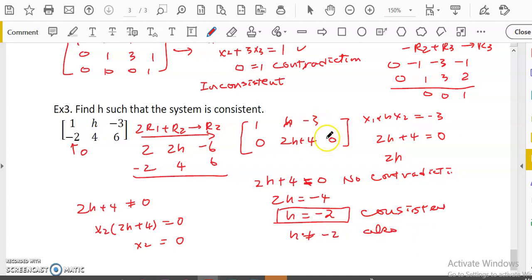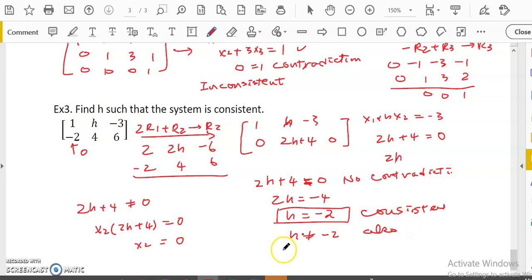But now if this is another question, after you do the elementary row operation, this is kind of a tricky question. If this is a 1, then you would want 2h plus 4 to be not equal to 0. Okay, so in the case of 0 here, I think 2h plus 4 can be any number.